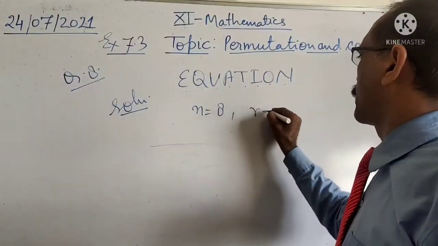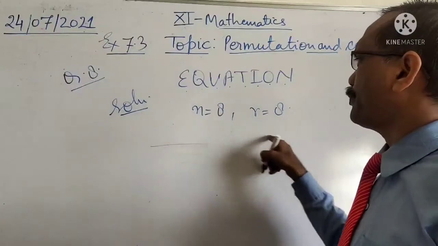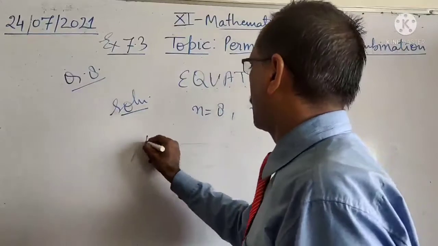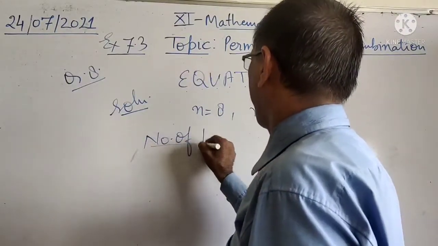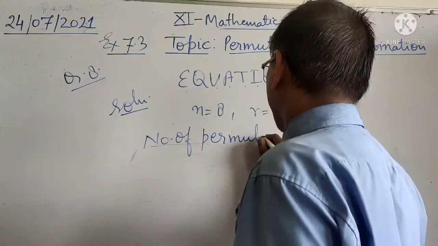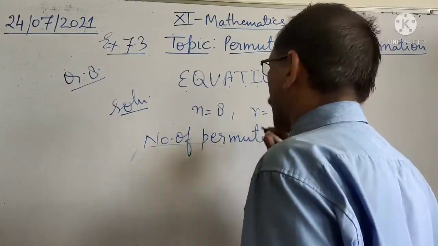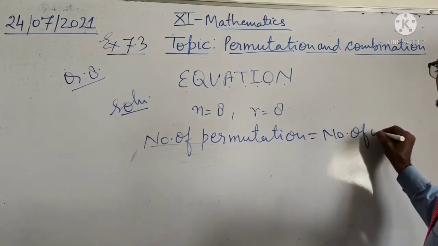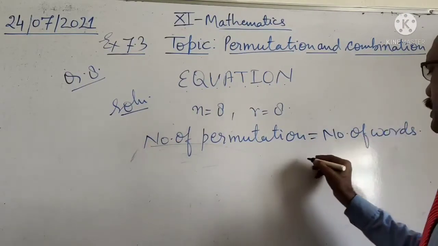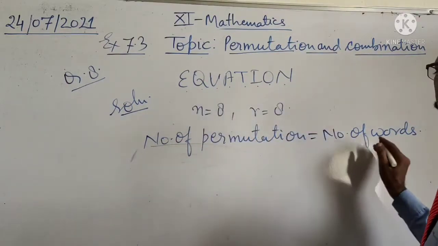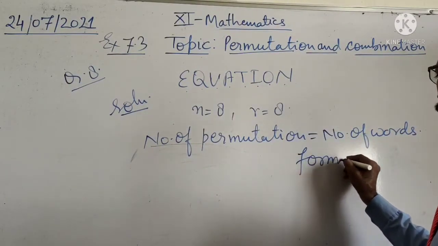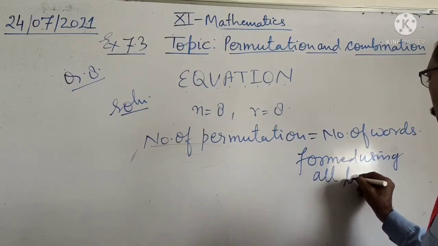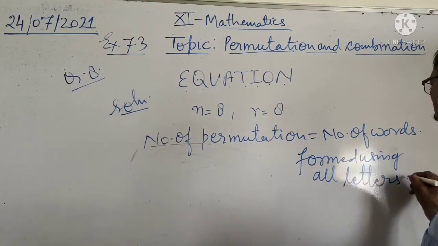So r is also 8, and the number of permutations is equal to the number of words formed when we use all the letters.